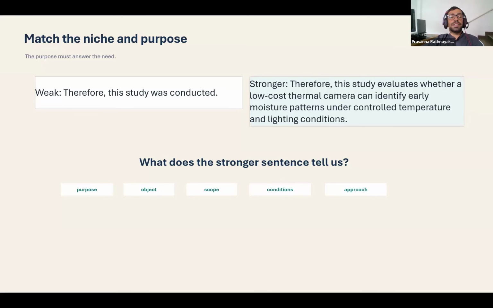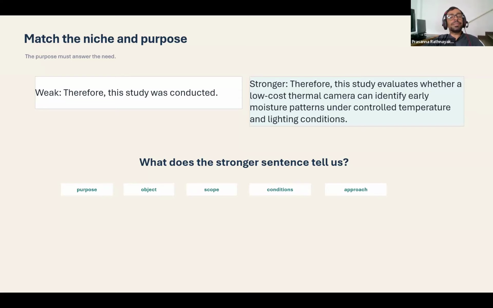What about the others? What piece of information does it give? Yes, Yatmi, conditions. Yes, Marsha, it reveals the approach. Indeed.